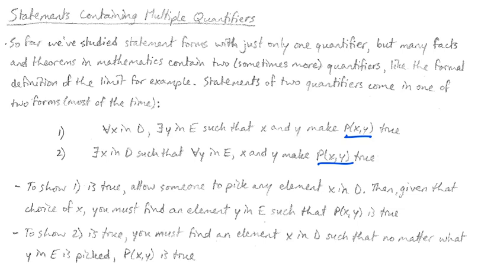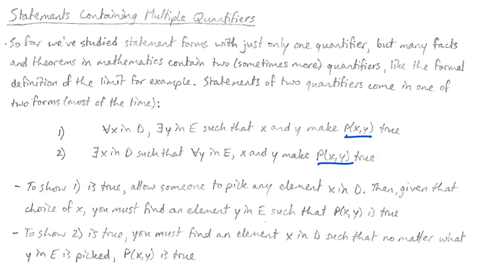So number one, when it's for all and then there exists, somebody else picks an x value. Based on that x value that they have chosen, you pick a y value such that that x value and that y value will make your predicate true.